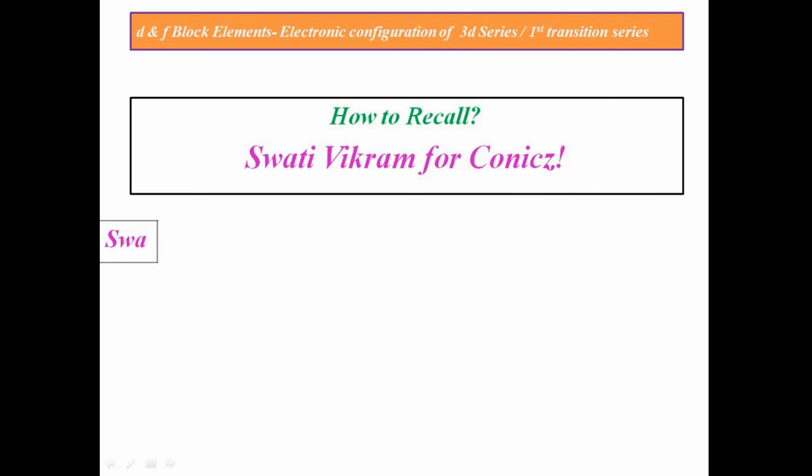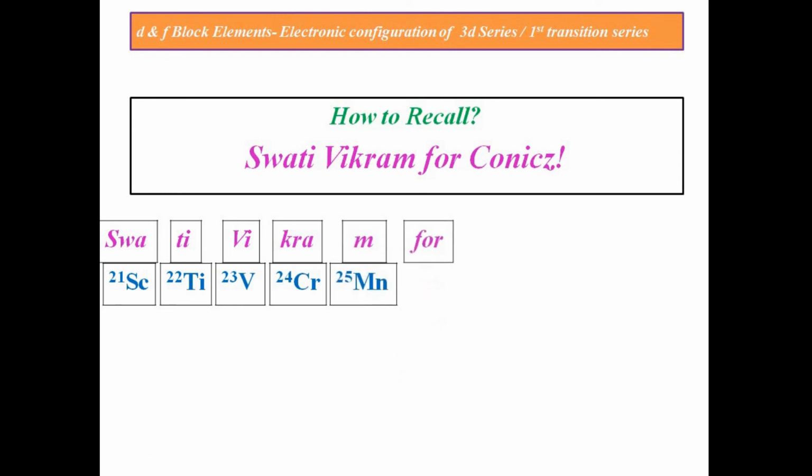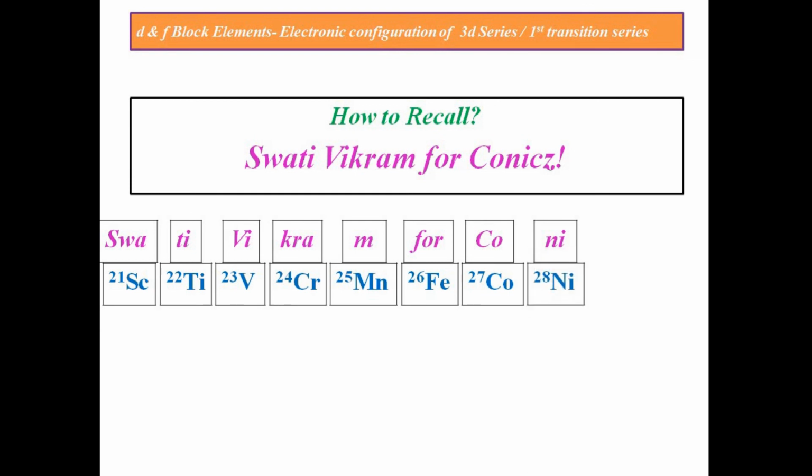You are going to utilize it as: Swa from Swati for scandium, Ti for titanium, then Vi for vanadium, Kra for chromium, M for manganese, F for iron, Fe, then O for cobalt, Ni for nickel, C for copper, and Z for zinc.